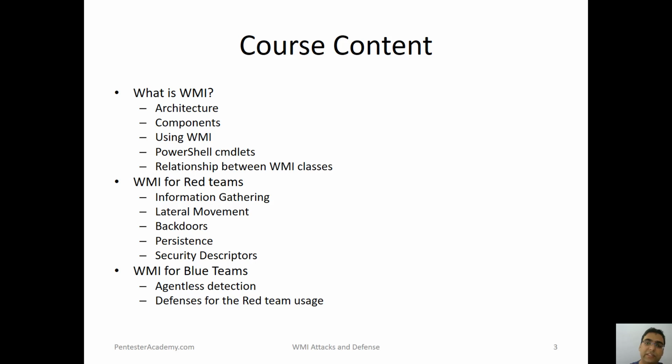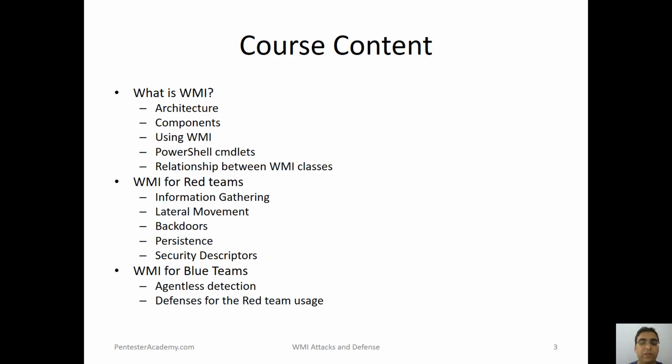And then we will discuss how we can modify security descriptors and ACLs of different namespaces or providers and some other services to play with the administrative privilege which is required to access WMI. That is, we'll see how we can play with these security descriptors to use WMI as a backdoor mechanism, not really a backdoor, but a backdoor mechanism.